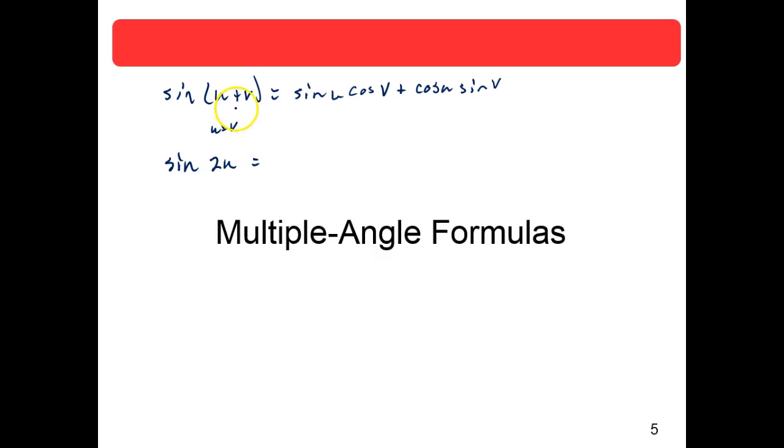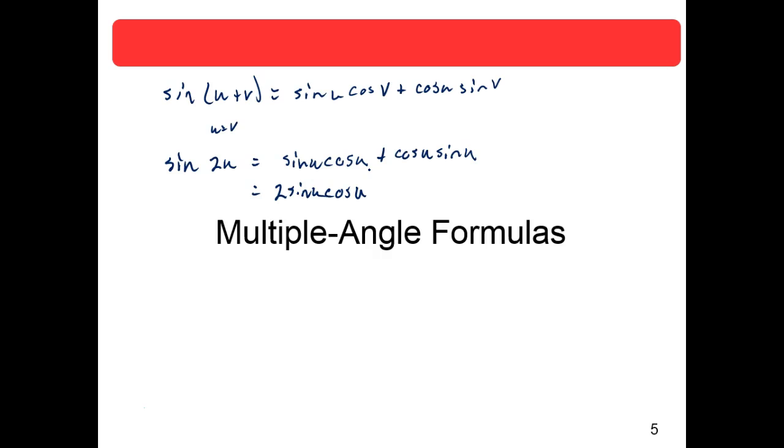That's equal to, if u is equal to v, sine u cosine u, plus cosine u sine u. If u is equal to v, right? Well, what's that? 2 sine u cosine u.